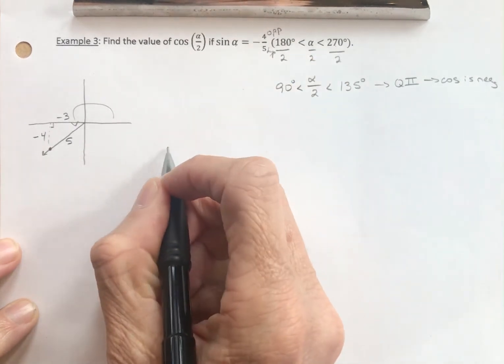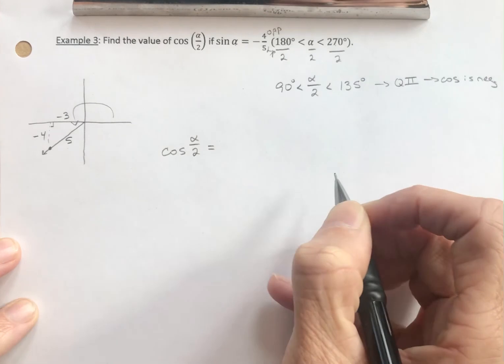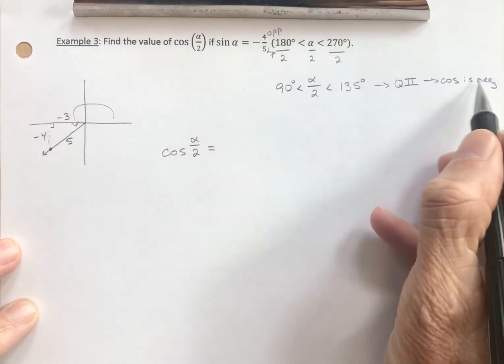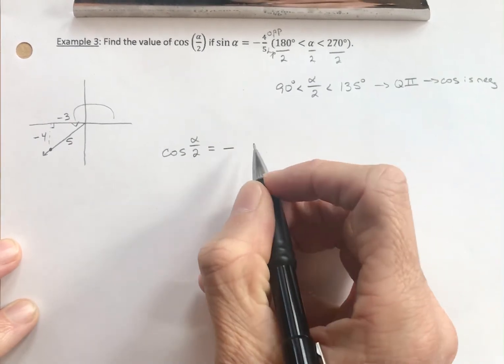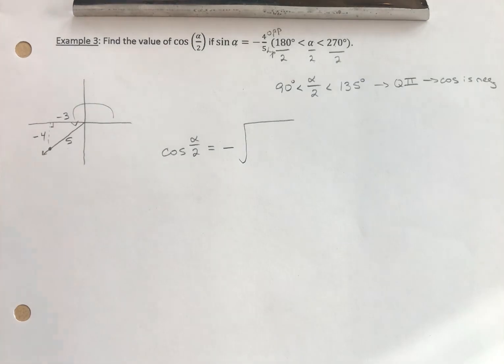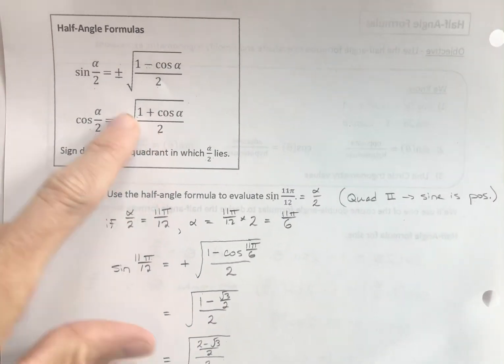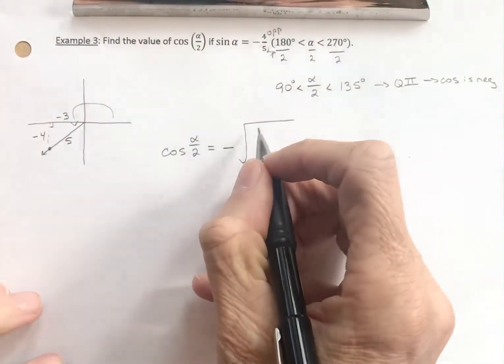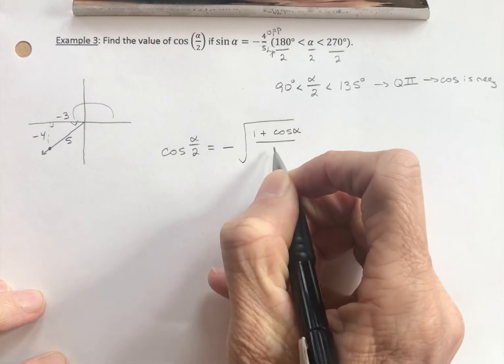So let's use it. The cosine of alpha over 2 is equal to, well, we know it's negative. We know that alpha over 2 is in quadrant 2, so we have a negative formula. Go back to our half angle formula. In this case, it's negative, the square root of 1 plus the cosine of alpha, divided by 2.